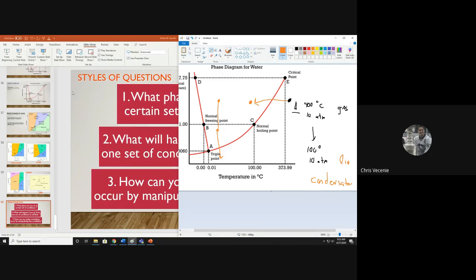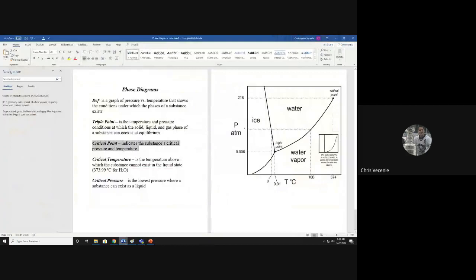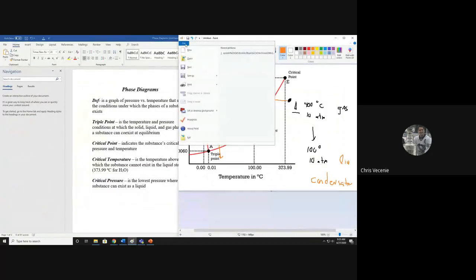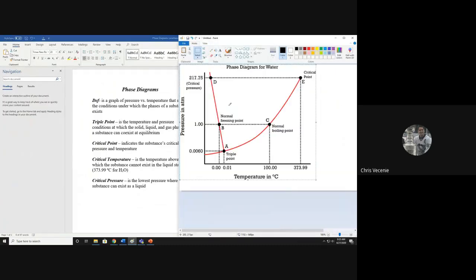And then the last question is, how can you make something occur by manipulating the conditions? I could say that I have a substance and I know that currently it's a liquid.